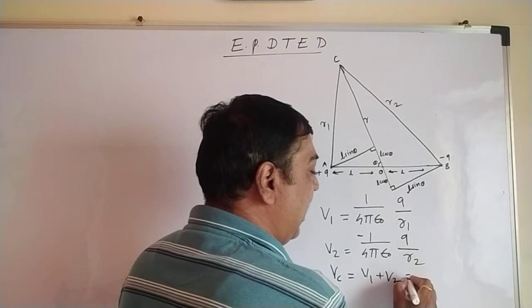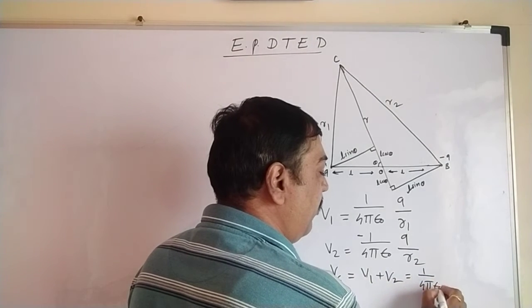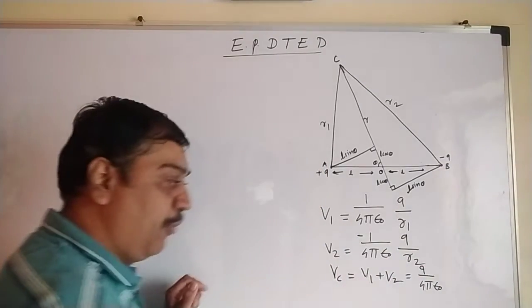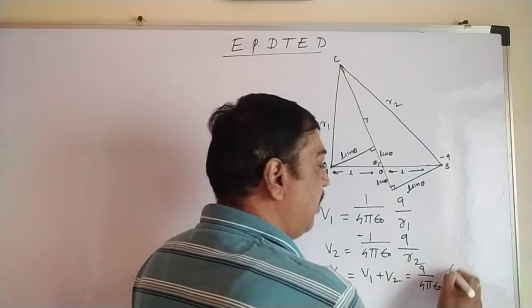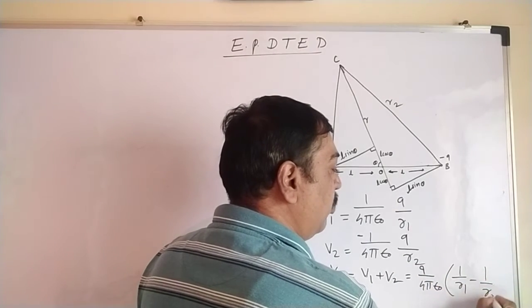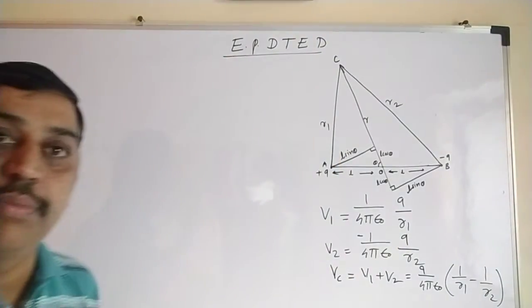So we can write this as Q divided by 4 pi epsilon 0, which is common, times the bracket 1 by R1 minus 1 by R2. This is equation 1.